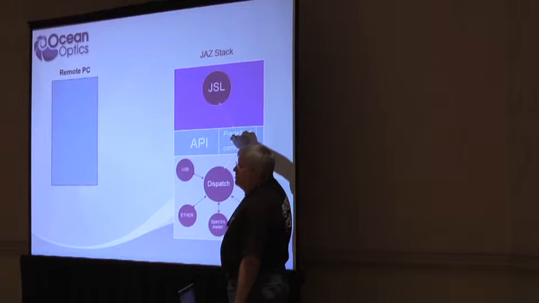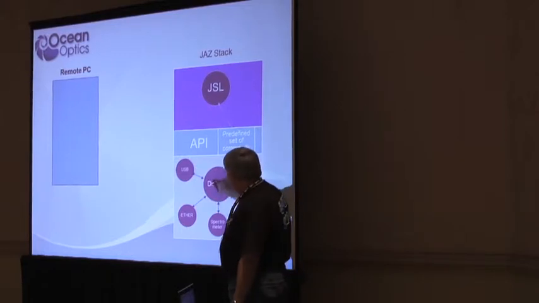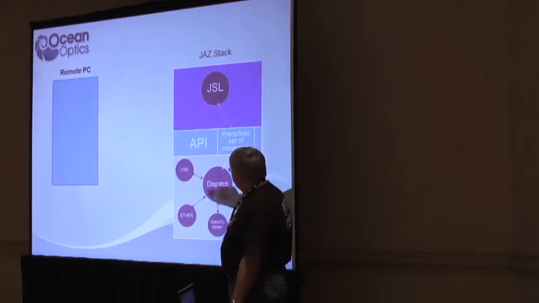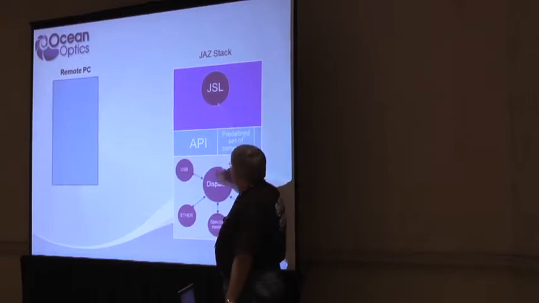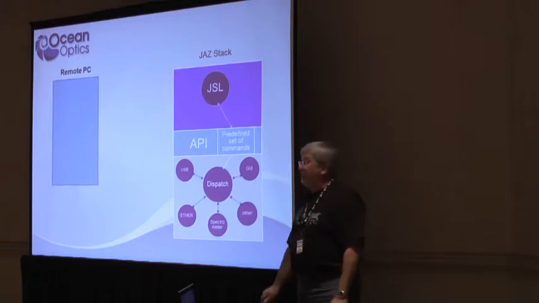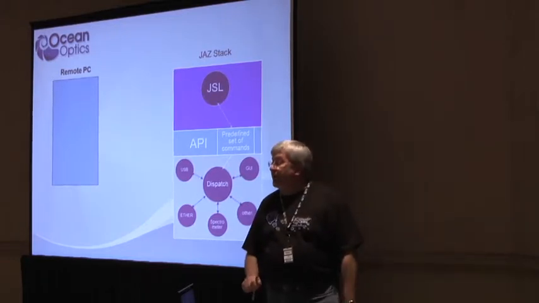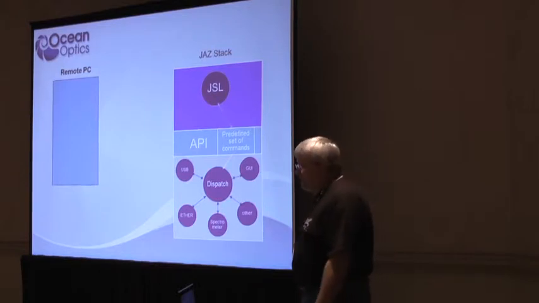It goes here, gets interpreted, gets translated, then gets sent to dispatch to get a spectrum. Dispatch goes to the spectrometer, comes back, and then back to you. So now you've got 1, 2, 3, 4, 5, 6 steps to get a spectrum. It's not going to be all that fast, is it? Think about how slow that's going to be if you're doing something complicated.